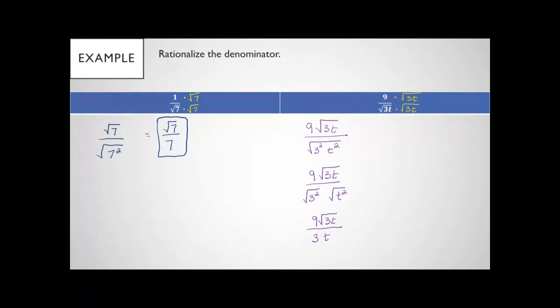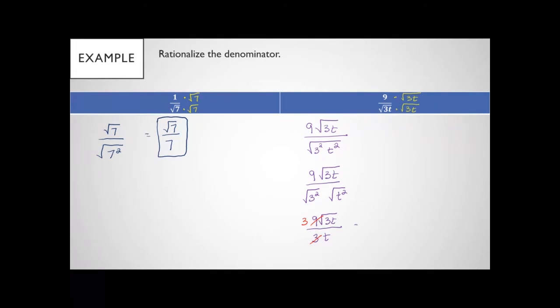Now, we can actually reduce, because I have a 3 in the bottom and a 9 on the top, I can divide those by 3. And that would, because 9 divided by 3 is 3. So I'm going to be left with another 3 there. I cannot cancel out the t's because one is inside the square root, one's outside of the square root. So those can't cancel because they're not both outside.